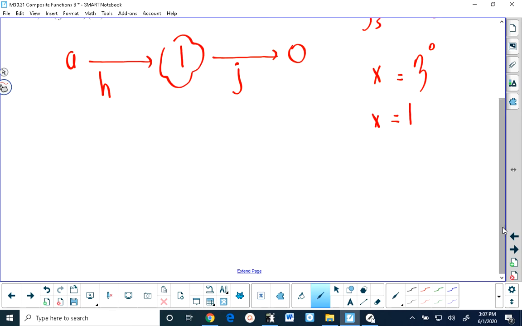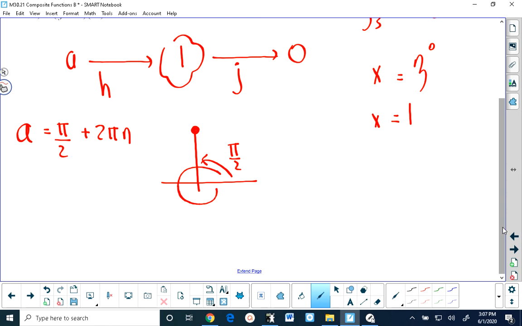On the unit circle, sine of x is equal to 1 at the top, which is pi over 2. So a is equal to pi over 2 rads, or if you wanted to work in degrees, 90 degrees. But we could put plus multiples of 2 pi because if I add 2 pi to that, I still end up at the top.